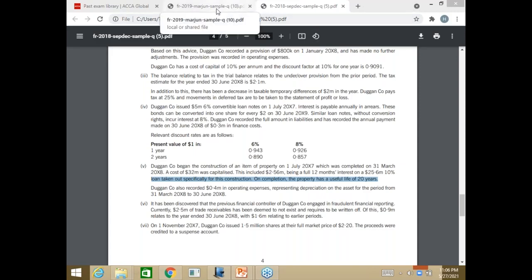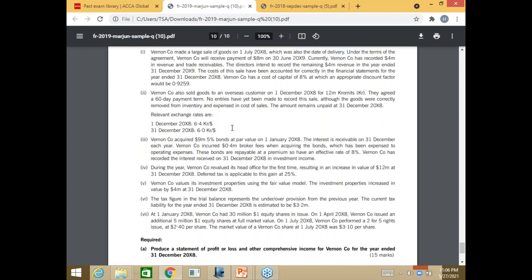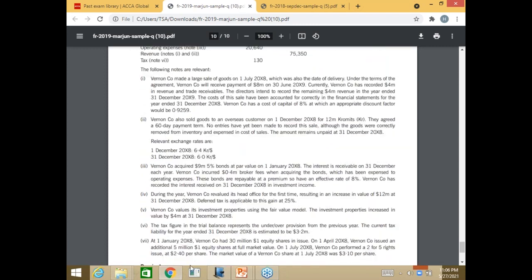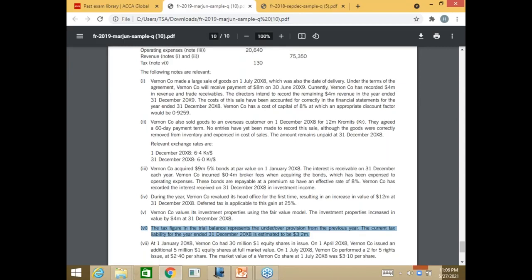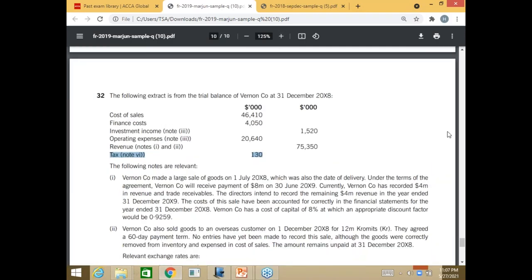Okay, let's do one more question from the past paper. Now this is the statement. In the trial balance, there is a debit balance of 130. That means it's an under provided tax.